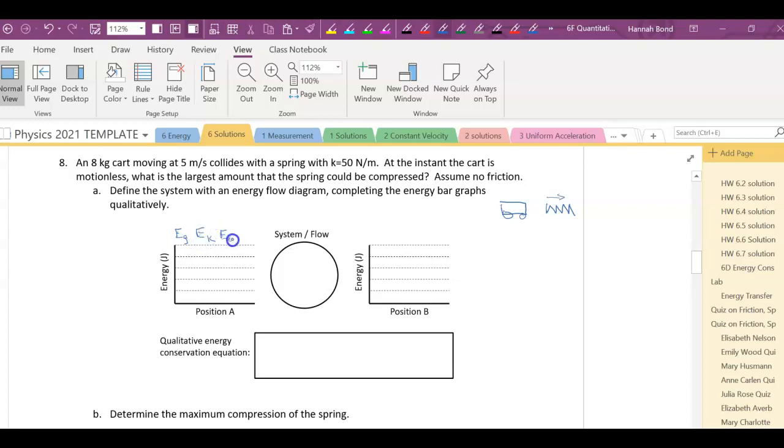It's not compressed yet. It's at equilibrium. So at the beginning, the only energy in this system that includes the cart, the spring, and the earth is going to be the kinetic energy of the cart.